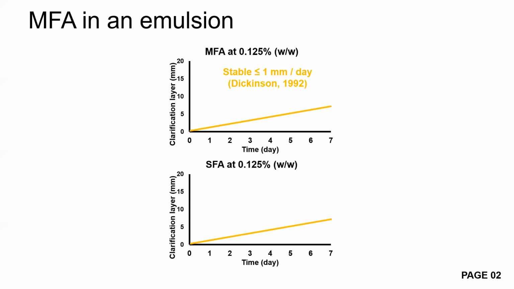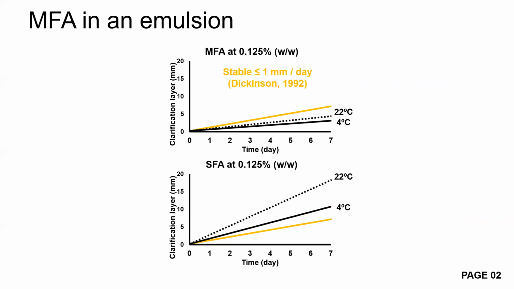So any lines below this standard line mean stable. Based on this, maltodextrin fatty acid ester stabilized emulsions at two different storage temperatures. However, sucrose fatty acid ester could not stabilize emulsions at the same condition.